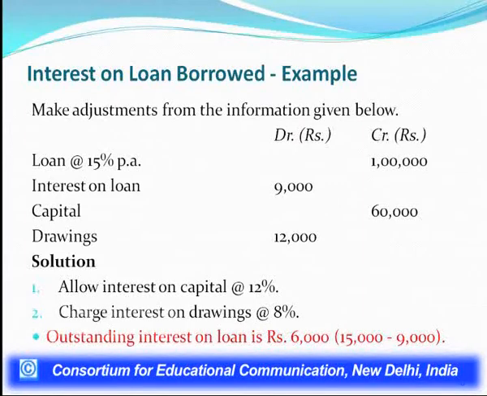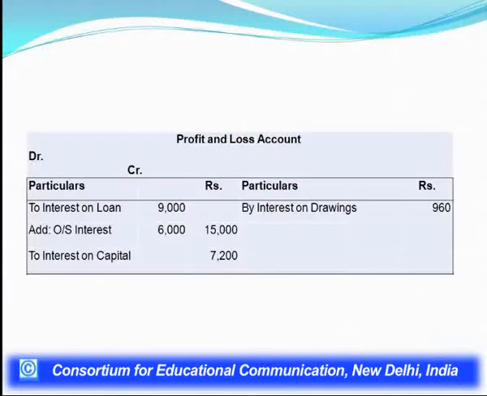So the interest for the whole year becomes 15,000, while the interest paid on loan is only 9,000. So outstanding interest on loan is rupees 6,000. So we have to make an adjustment for this also. Now you will see how it will be shown in the profit and loss account.